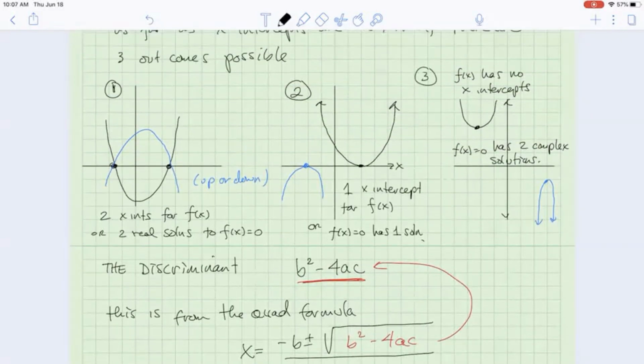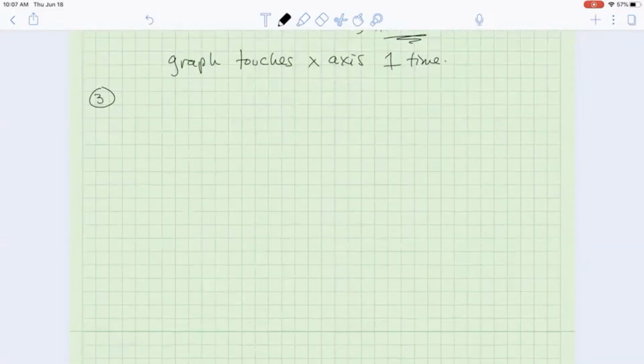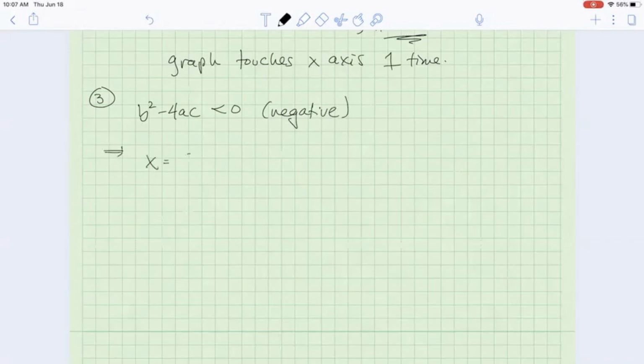And then finally, scenario 3, which is this guy up here, is b squared minus 4ac is less than 0, negative, and this gives us x is equal to negative b plus or minus the square root of a negative number over 2a.